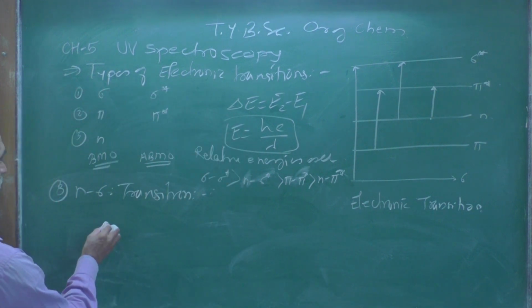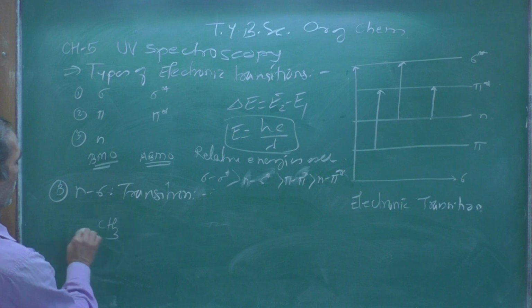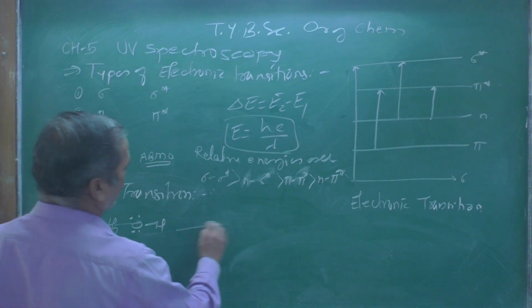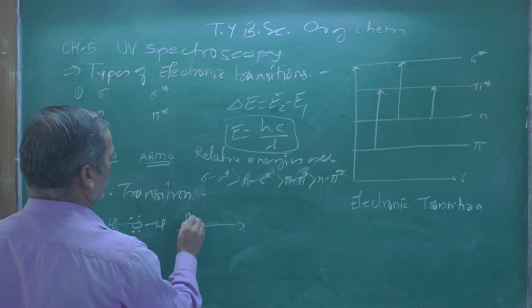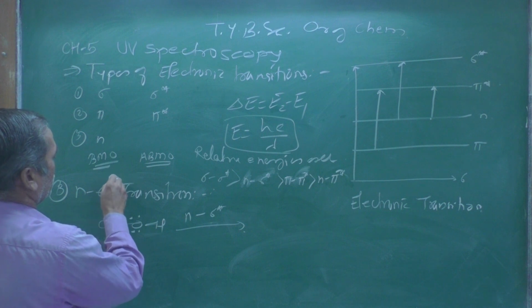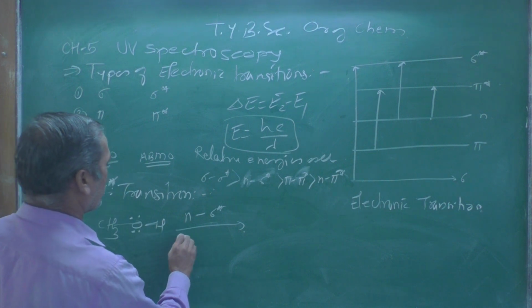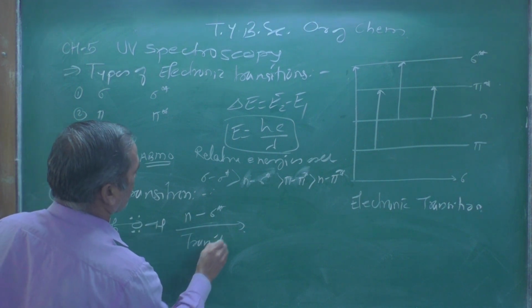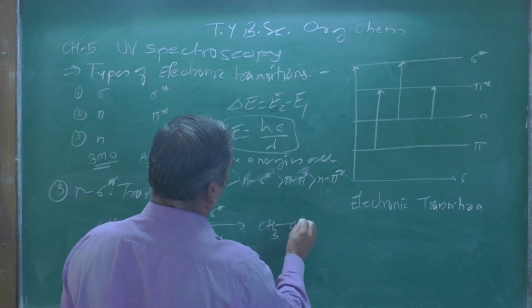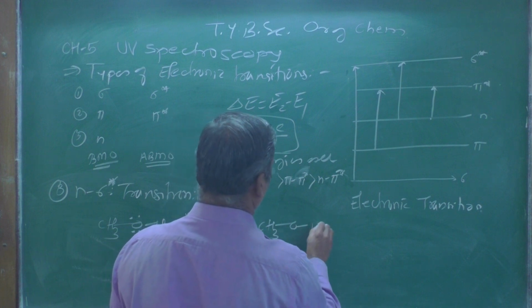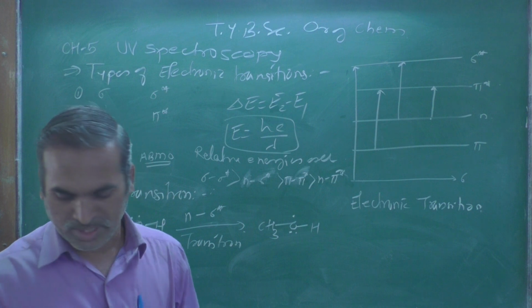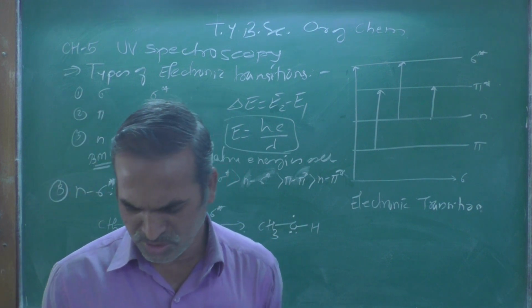Now, an organic molecule such as alcohol, CH3OH, with the lone electrons on oxygen, can show N2 sigma star transition.